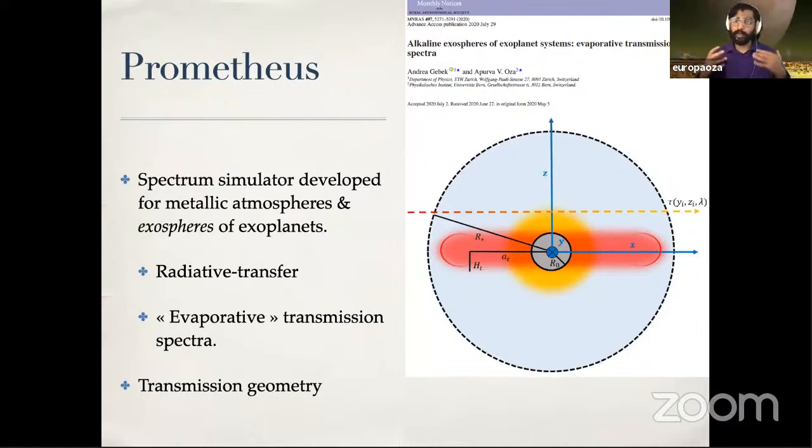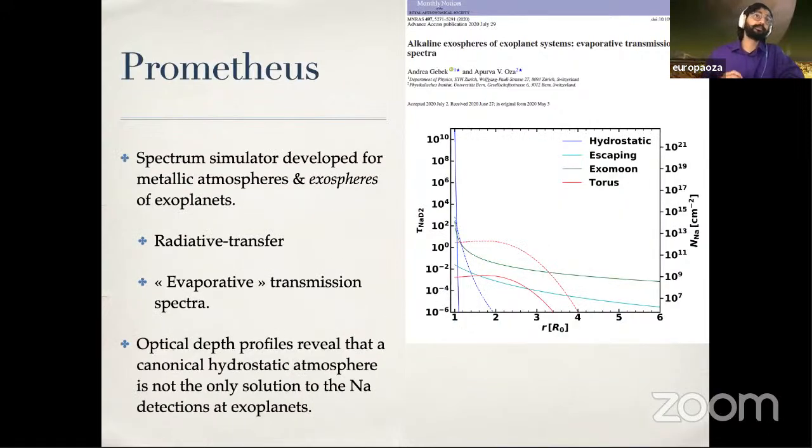And this is what we call evaporative transmission spectra. The idea is that the exoplanet is evaporating, and so when you view this in a spectrum, it's not necessarily just a static hydrostatic atmosphere that one is observing. One thing to assess that is these optical depth profiles.